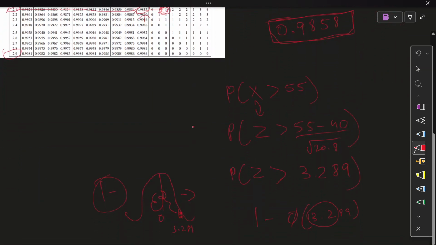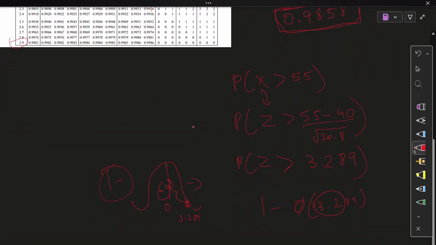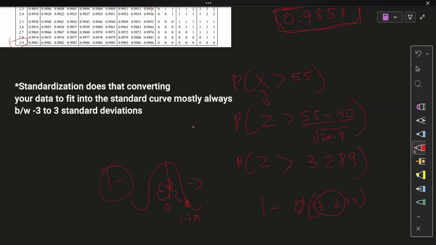I did this on purpose, by the way, so you know. Knowledge is way more important than just doing your maths paper, right? So take this knowledge. What the mathematicians observed is that the deviations, yes, they are infinite, theoretically, but mathematically, most of the data is already covered when we go 3 standard deviations to the right from the mean and 3 standard deviations to the left from the mean.